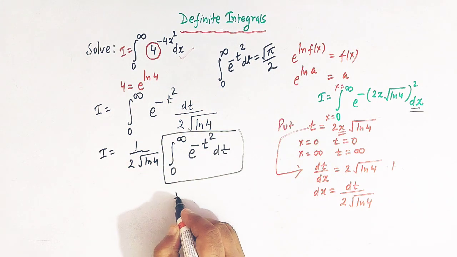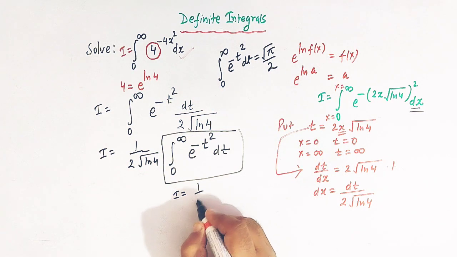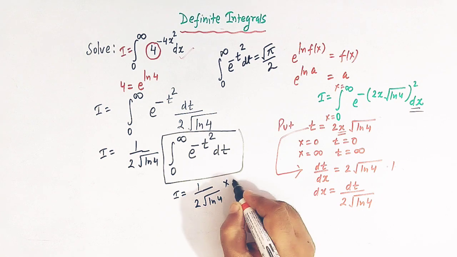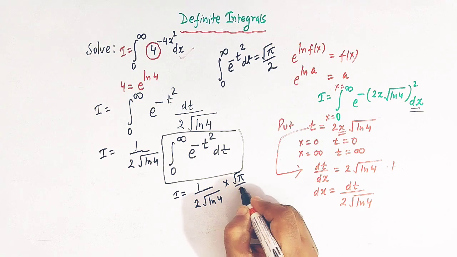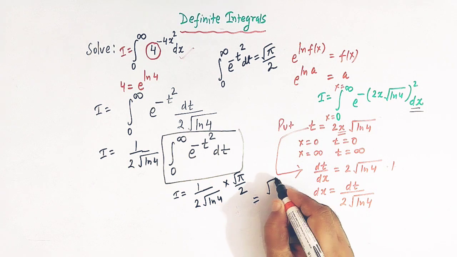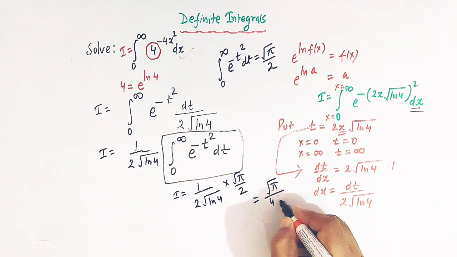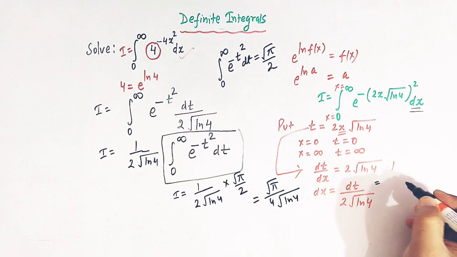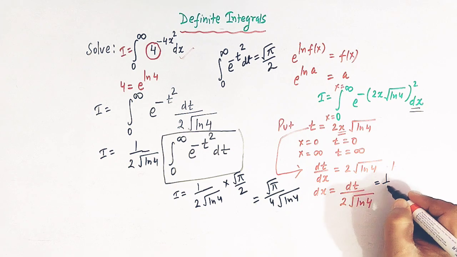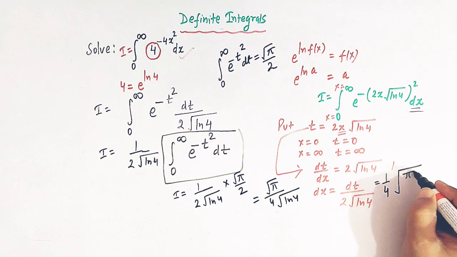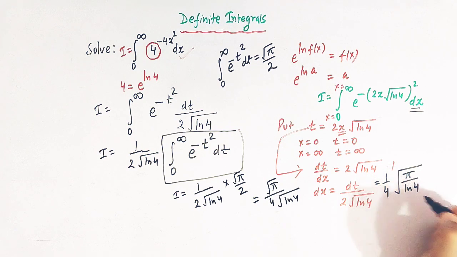So we have I equal to 1 over 2 times square root of log of 4, times root pi over 2. Simplifying this expression, we have root pi divided by 4 times square root of log of 4, which can also be written as 1 over 4 times the square root of pi over log of 4.